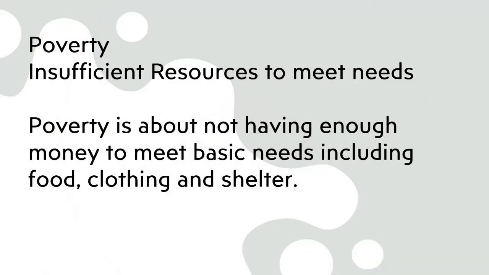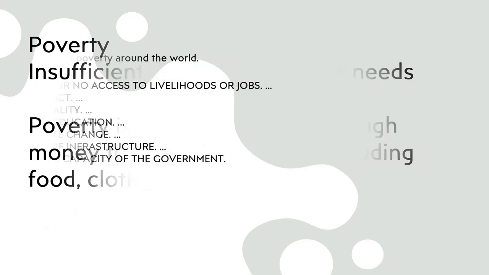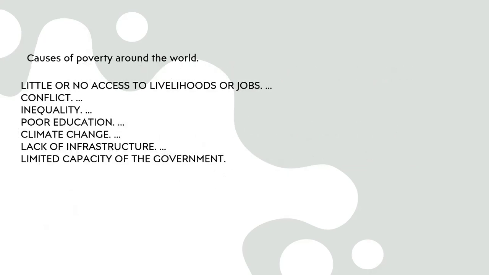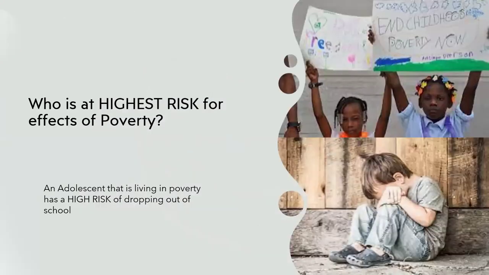Not having enough income or low income does affect someone's health. There are many causes of poverty. Who is at the highest risk? Remember those persons that are 18 and younger.